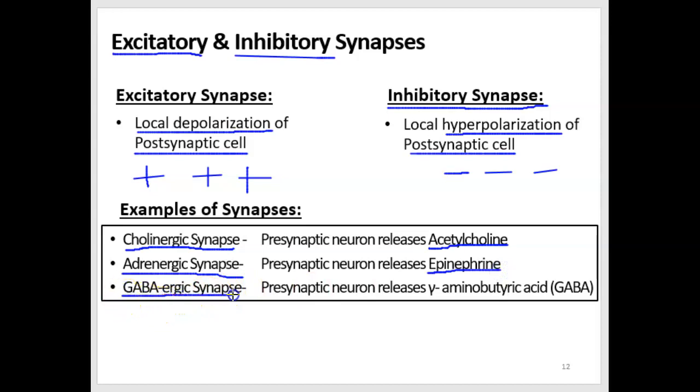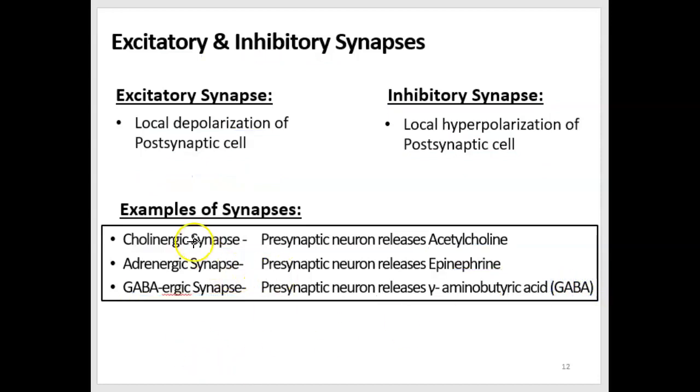And a GABAergic synapse is a synapse in which the presynaptic neuron releases this thing called GABA, which is gamma-aminobutyric acid, which you will never have to remember. Just GABA is fine. Okay?